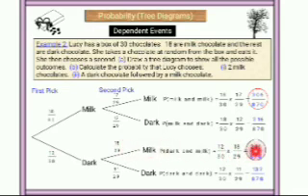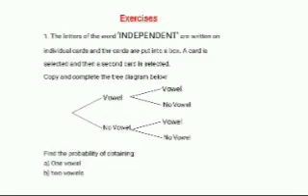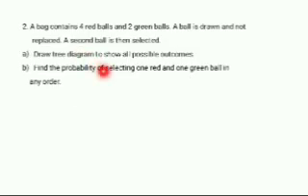The answer is equal to 216 over 870. And that is the answer for the second example. So, if the two examples are clear, I would like you to do the two exercises that I have here. This is the first one, and this is the second one.